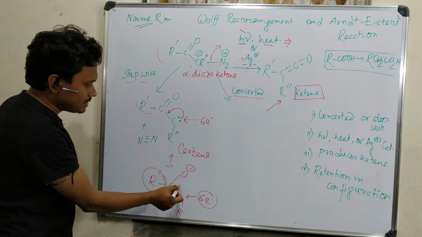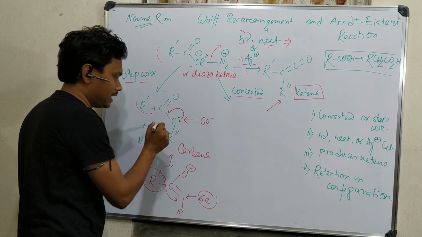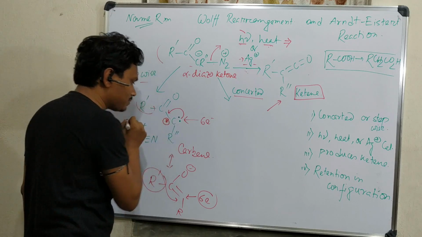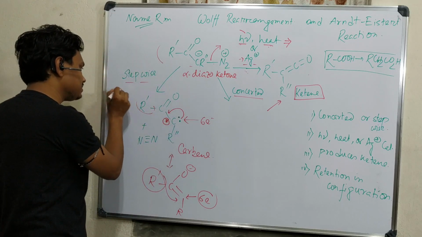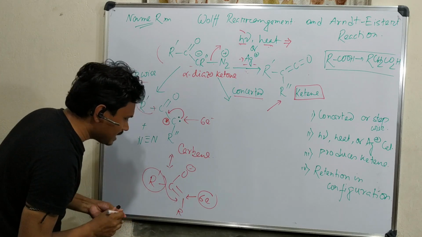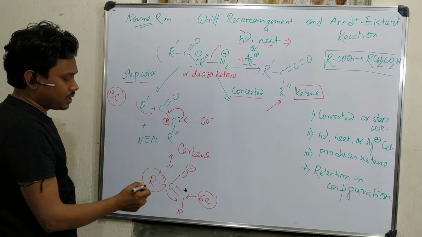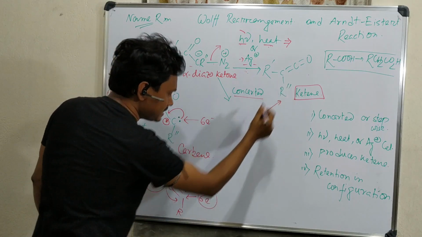And actually, if this is stepwise and we take a labeled carbon, for example if we take this carbon as a 13C, then we expect that this label will come here and ultimately this will produce the ketene.